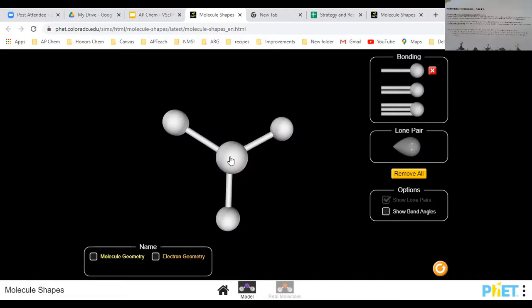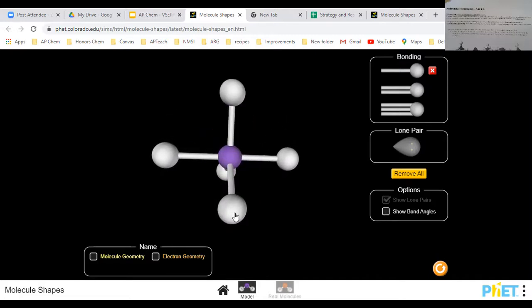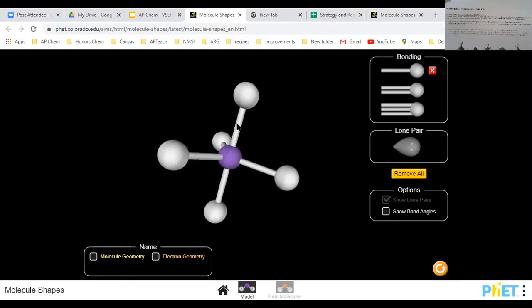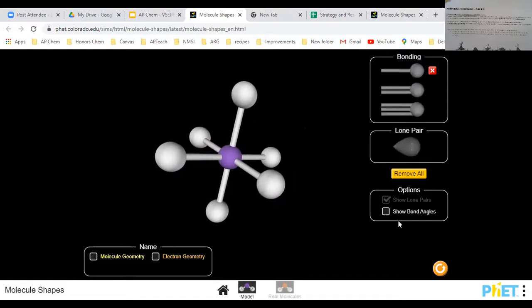But we have that trigonal planar, and then a 180 degree bond angle that is 90 degrees between the top and this plane, 90 degrees, and so on. Trigonal bipyramidal is that geometry. And then if we would bring in one more, everything is separated by 90 degrees, and this is octahedral.